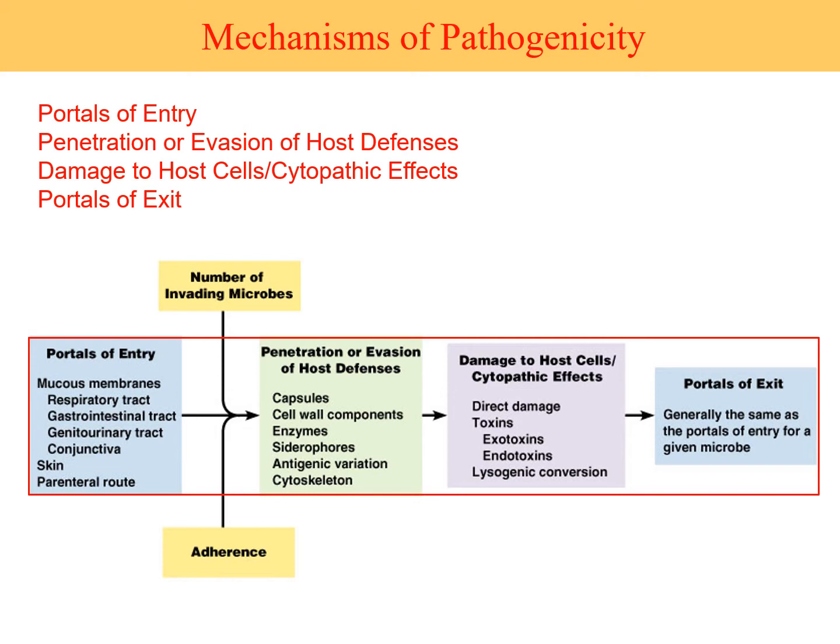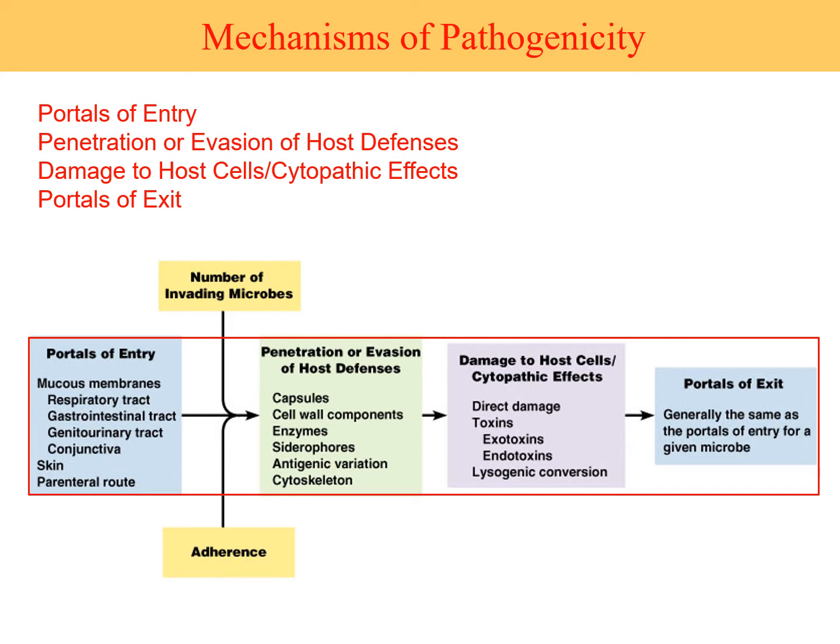It has to have some sort of portal of exit in order to infect another individual, so that it can keep on alive, so it can stay alive as an organism and multiply.